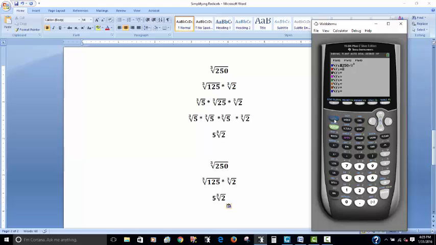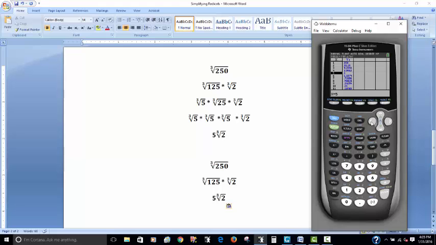Then I would hit second, table again, and then when I look in my table, if I look in my Y1 column, I see 2 is the last whole integer before it goes all to decimals. If I look at my x column, I see a 5. So on the calculator, the cube root of 250 breaks down to 5, the cube root of 2.